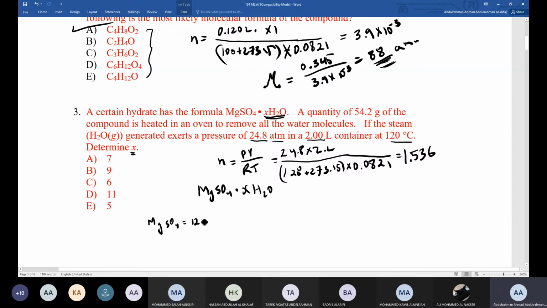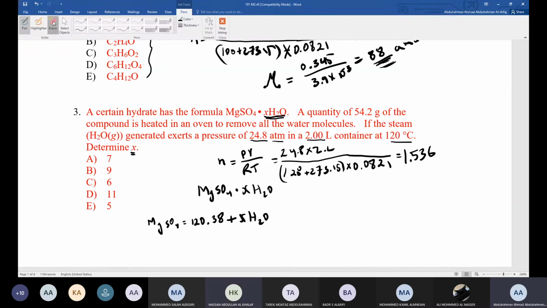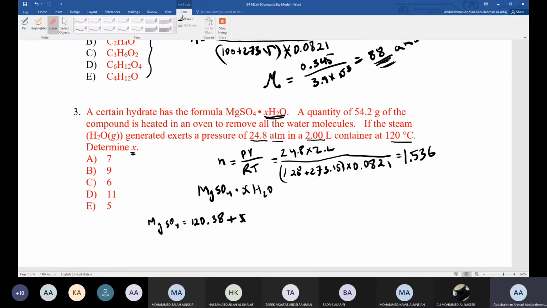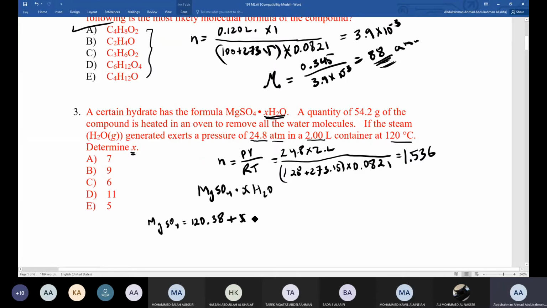It is 120.38, plus X moles of H2O. X times 18.02. Right, this gives us the total mass.